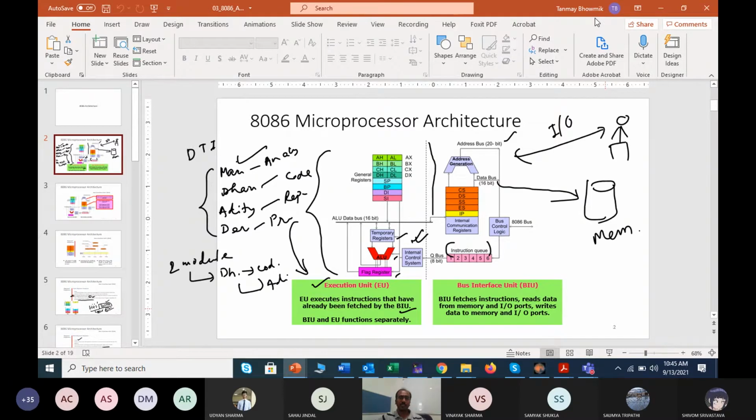And we also checked that the data bus, that is 16-bit, had different segments, like code segment, data segment, stack segment, and extra segment. Okay, so we also observed that whenever you start anything, from the code segment your coding will start, and it will show which part of your coding will be executed first.